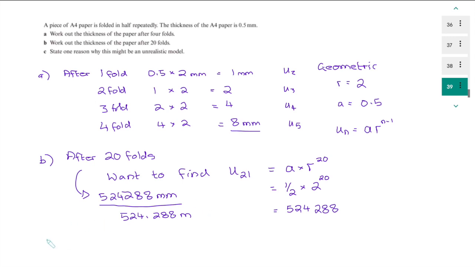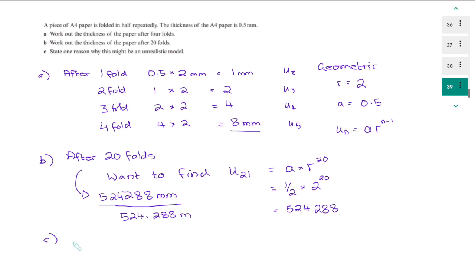So, part C: state one reason why this might be an unrealistic model. Think what we started with, one sheet of A4 paper, and if we use this model, after 20 folds it's 524 metres thick.